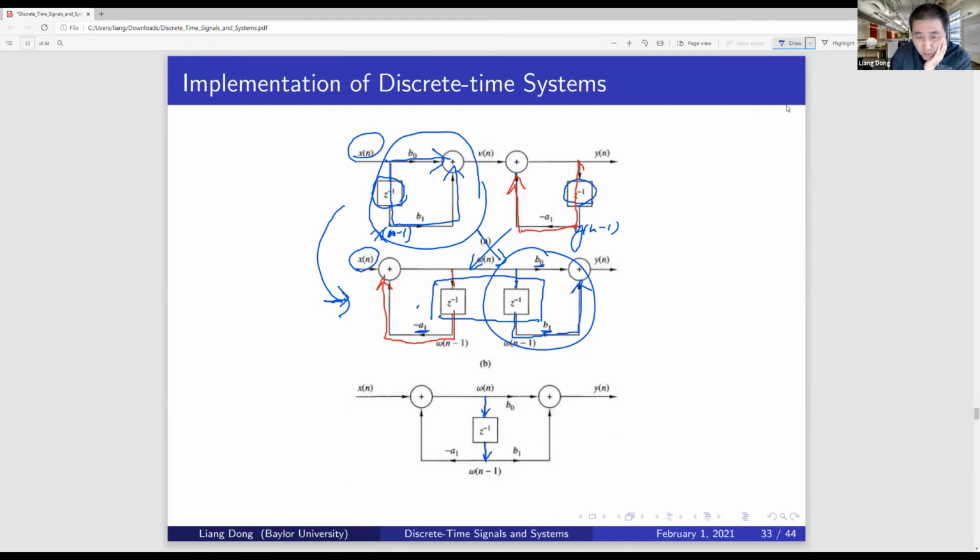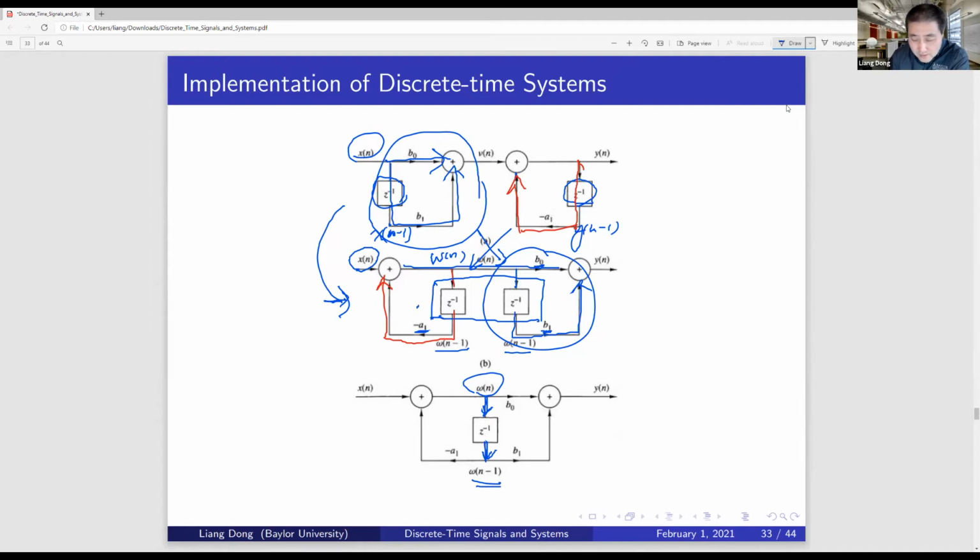Because if you look at this branch, I have the same value, which is w[n], and the bottom is another value, which is the delayed value w[n-1]. So it doesn't change. I can just combine these two, remove one delay unit, and have just one branch coming through here.